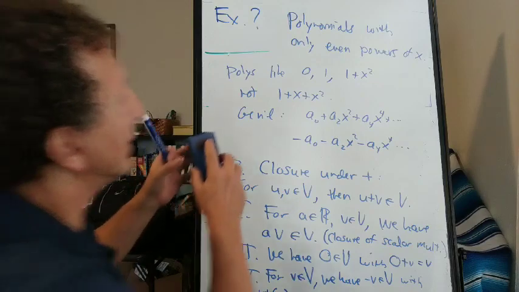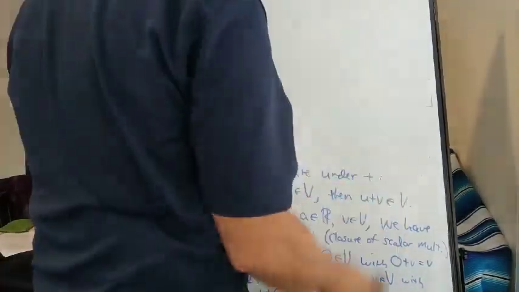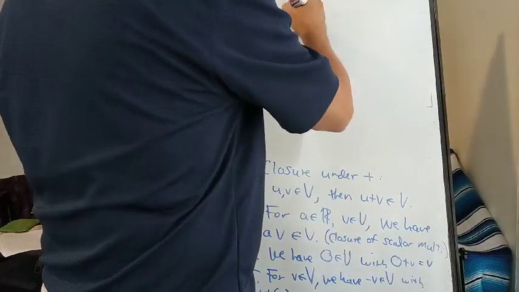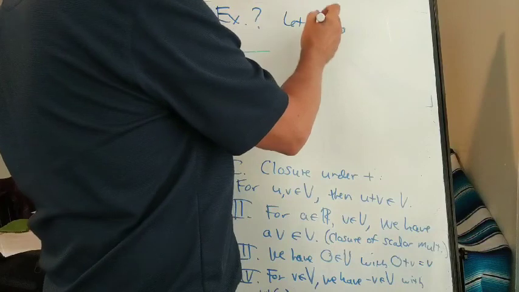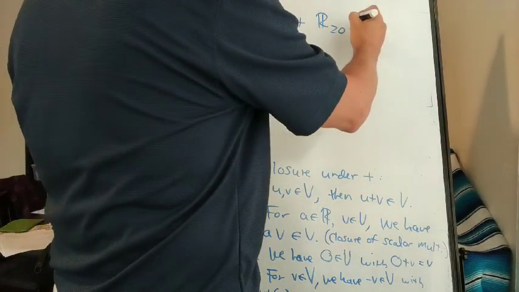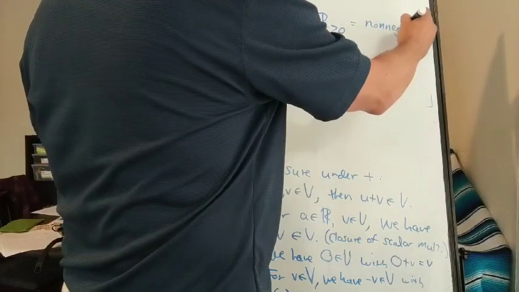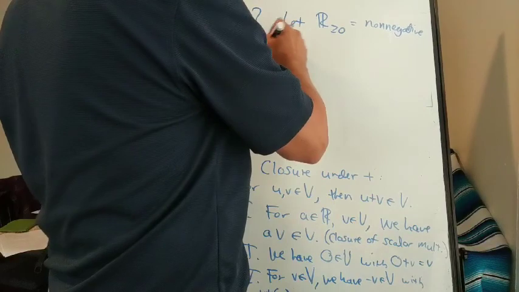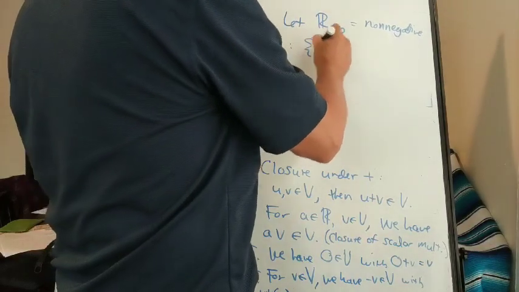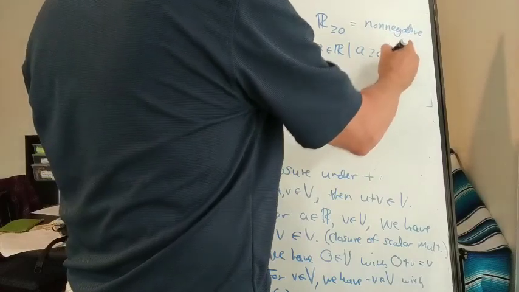Let's look at another example. Let R sub greater than or equal to 0 be all the non-negative real numbers. So all the real numbers which are greater than or equal to 0.